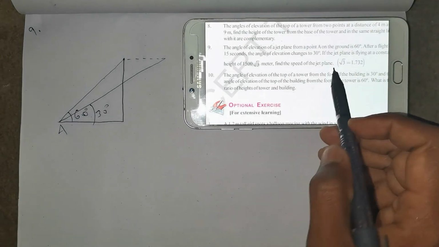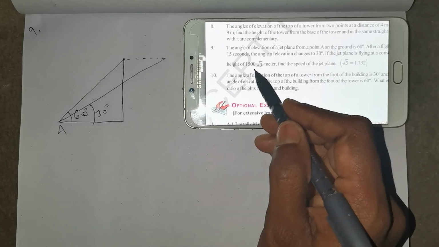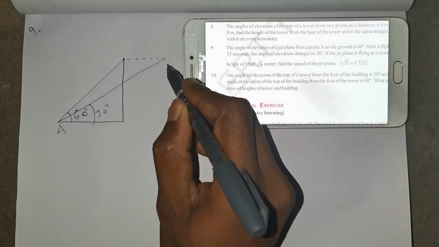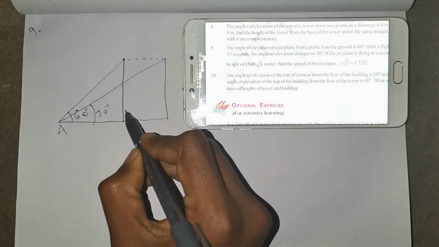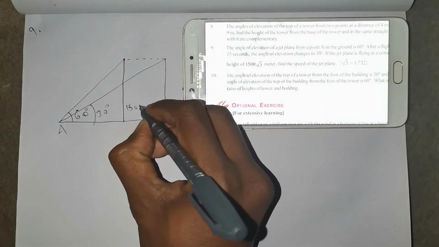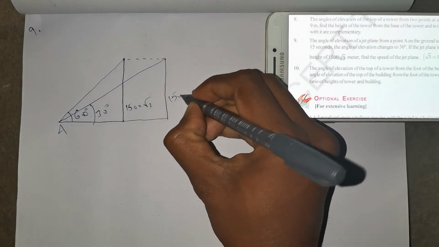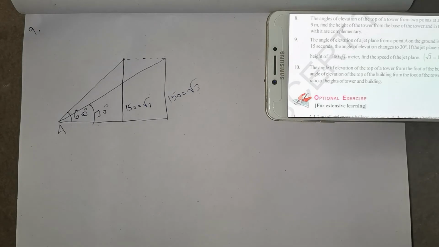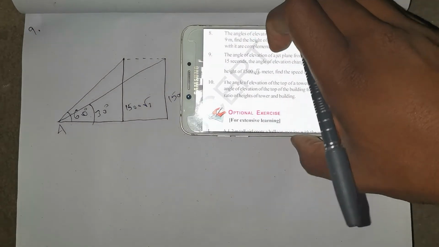Next, if the jet plane is flying at a constant height of 1500 root 3 meters, it means this beginning height as well as after traveling for 15 seconds, the height is the same. Then he is asking to find the speed of the jet plane.